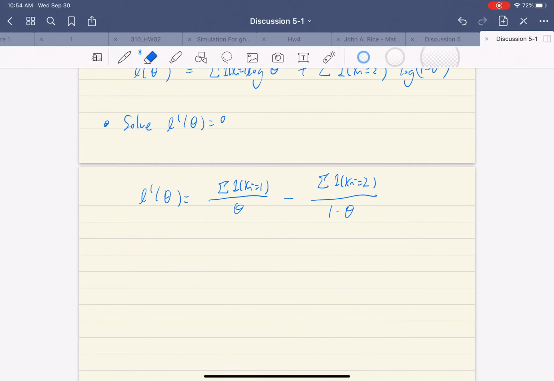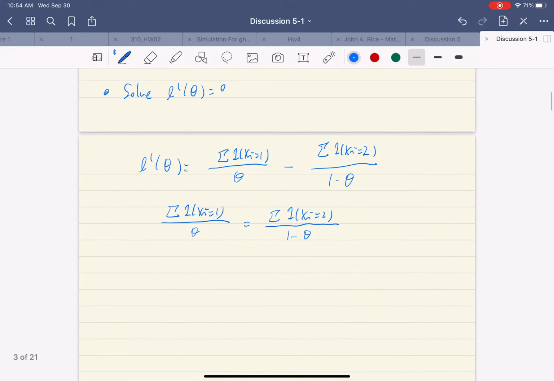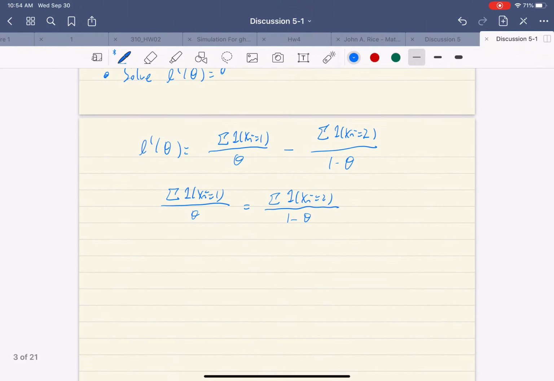So we can solve this. We can get the summation of the indicator function Si equal to 1 divided by theta is equal to the other term, and we multiply theta and 1 minus theta on both sides.